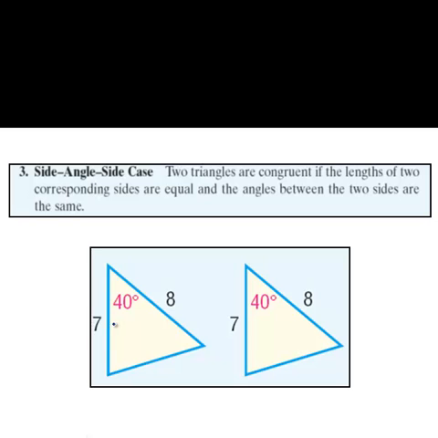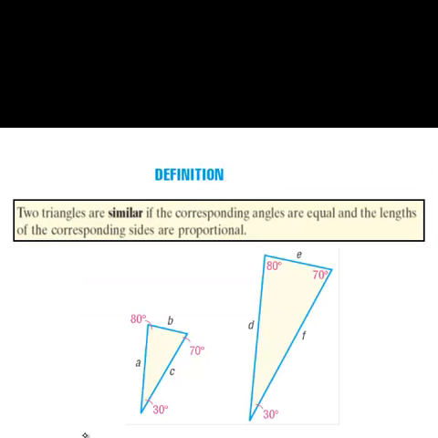If you have side angle side for the two triangles as being the same, the two triangles are congruent. Congruency means that the two triangles are exactly the same size. The ratios amongst the sides are the same. The interior angles are the same, and so forth.